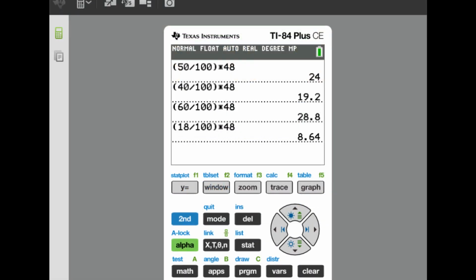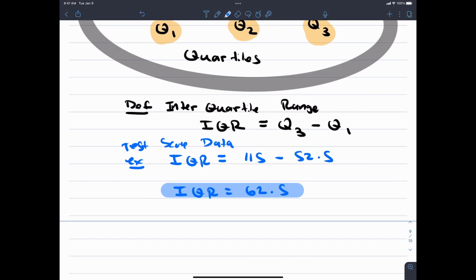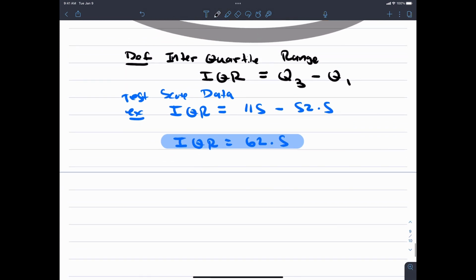So what do you get when you do that? 115 minus 52 point what? 5. What do you guys end up getting? What's the interquartile range? Is that 62.5? All right, definitions. You guys want to write down your definitions because they can ask you these questions, right?